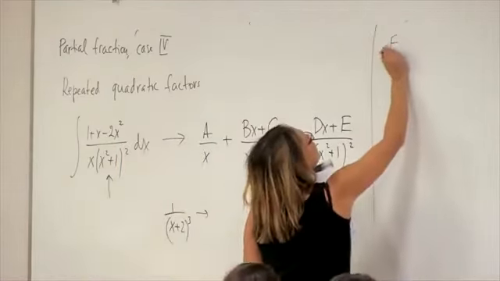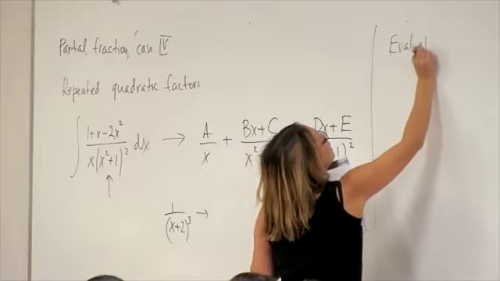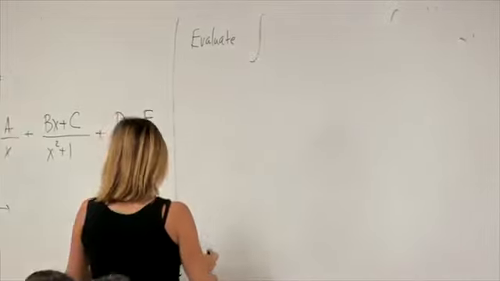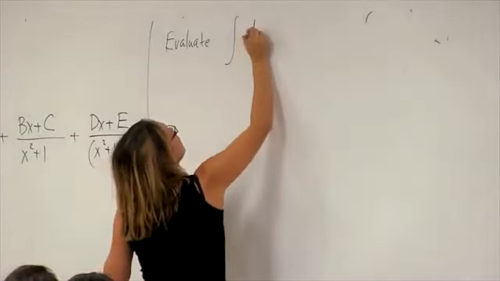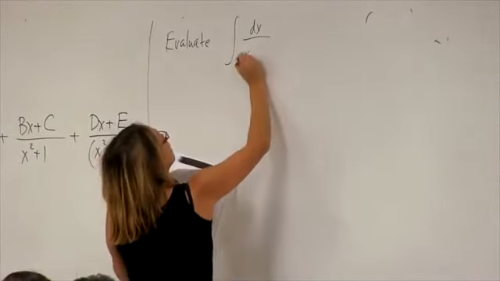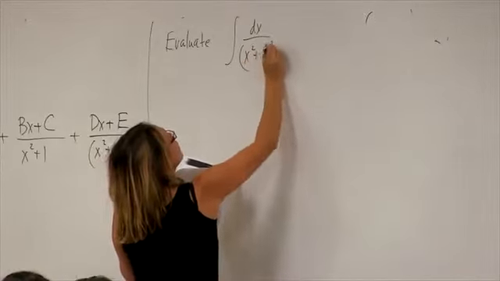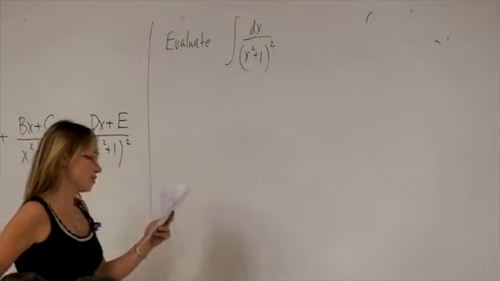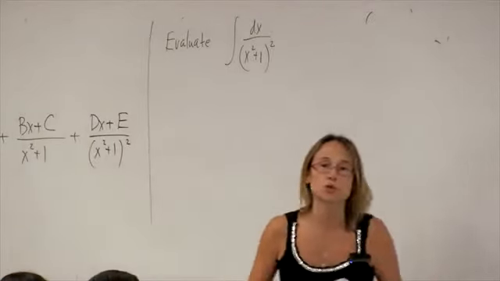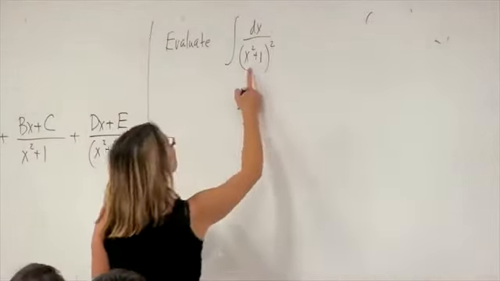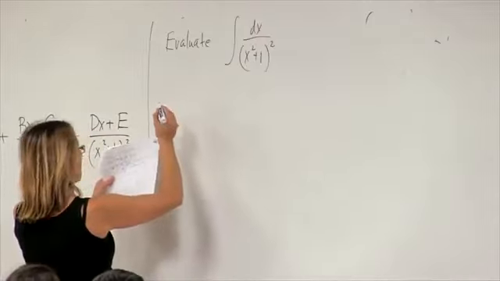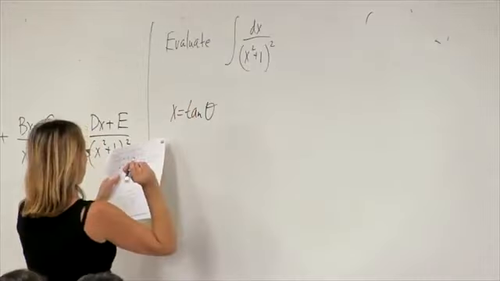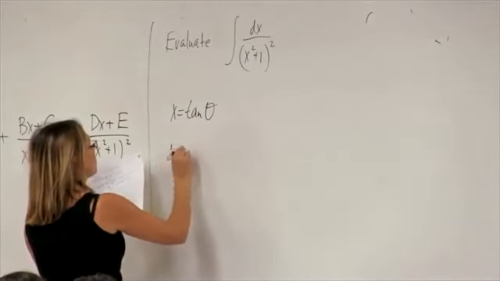So evaluate the integral of 1 over x squared plus 1, squared. Okay. So this integral is done by trigonometric substitution, when we recognize that we can reduce the denominator. So we say x equals tangent theta. So what follows from this?